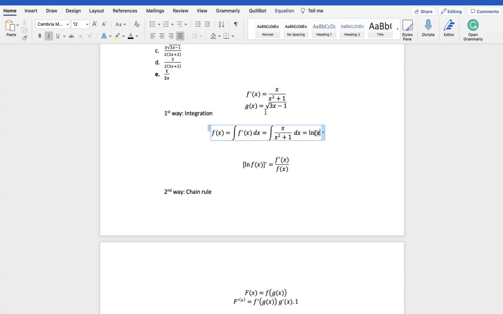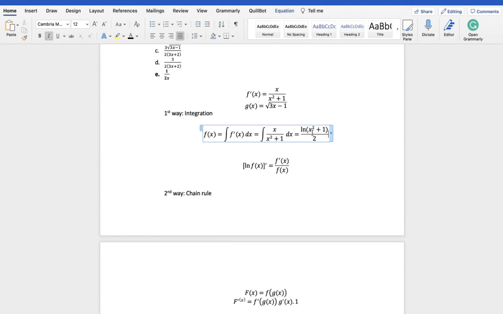I'm just going through this quickly because we'll cover integrals in future sessions, but it's a quick method you can use to solve this.